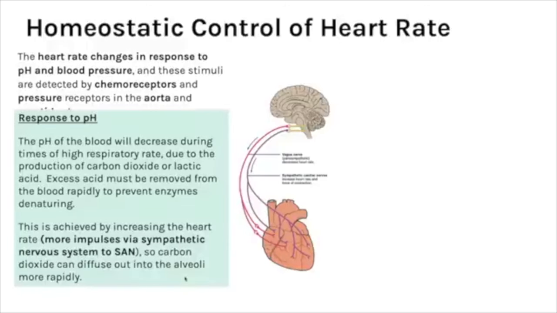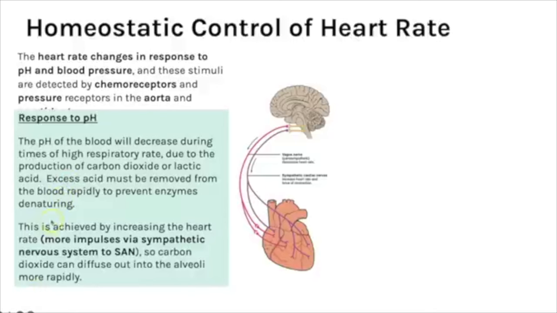Now, your blood pH does change during times of high respiratory rate, so for example, if you're doing lots of exercise, the blood pH will decrease. And that is because of the excess carbon dioxide from aerobic respiration or lactic acid from anaerobic respiration. And these acidic compounds have to be removed because if you have excess acid in your blood, it can denature enzymes.